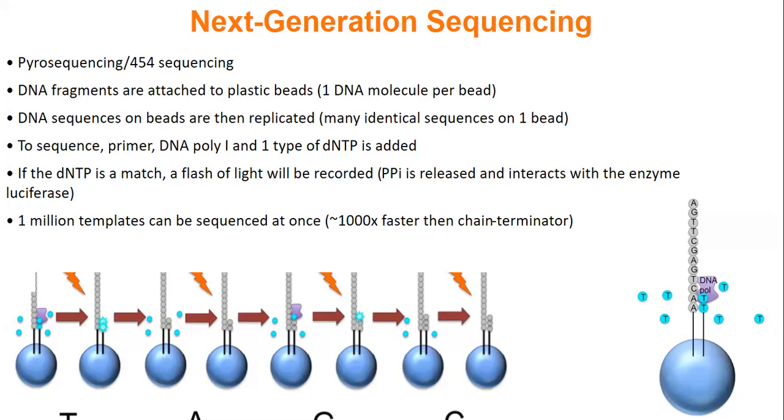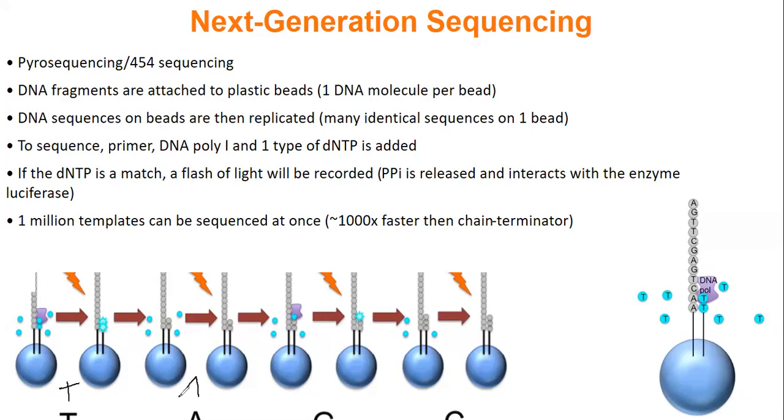So using Chain-Terminator sequencing on a whole human genome is not practical. And so during the Human Genome Project back in the early 2000s, different techniques were developed and are still being developed today to sequence whole genomes.